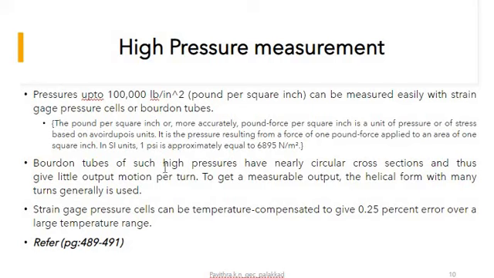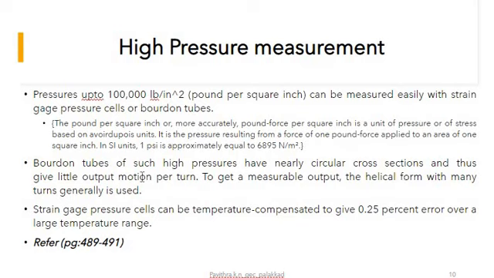In a Bourdon tube for such high pressures, if we need to get a measurable output, then a helical form with many turns is generally used. I have told in previous videos that Bourdon tubes have many different structures, like helical form and circular cross section. So if you are using a Bourdon tube for high pressures, then helical form will be better.